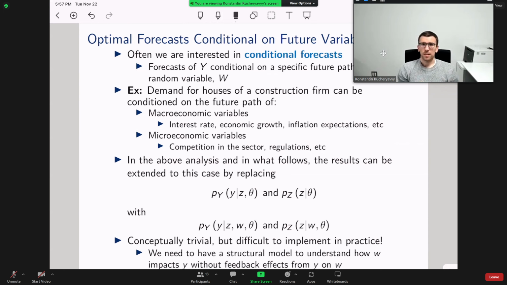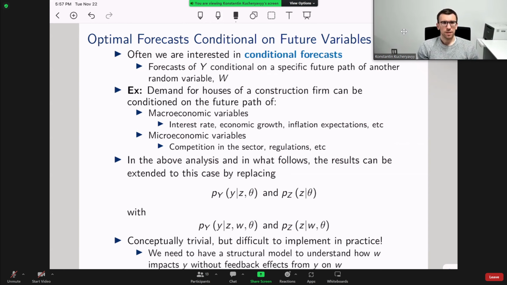Given, especially, the macroeconomic variables such as the interest rate, we will give different forecasts for the price of houses.